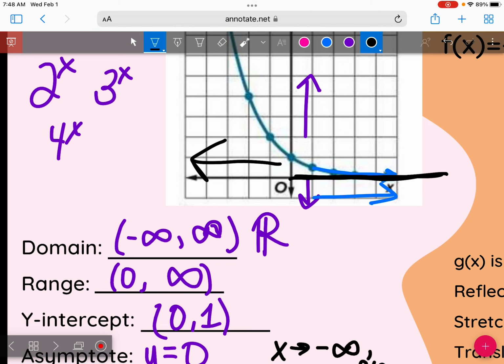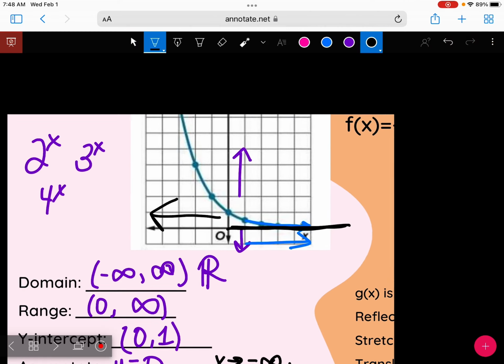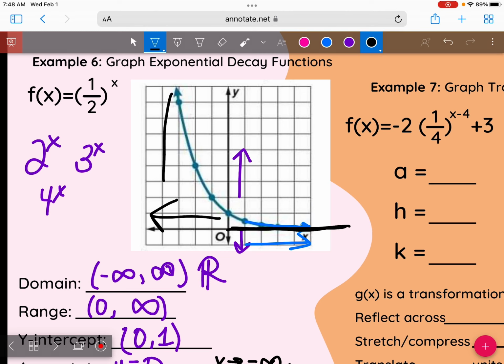And our y's. Yeah, it's going towards infinity.